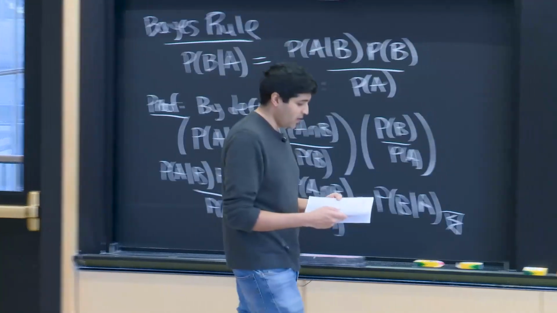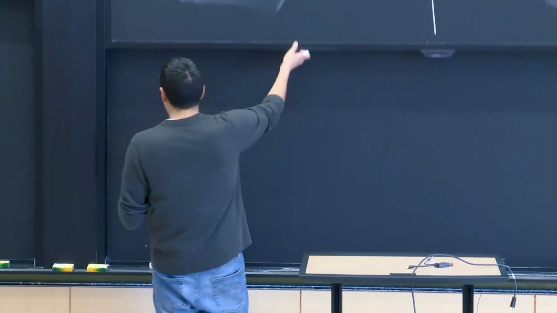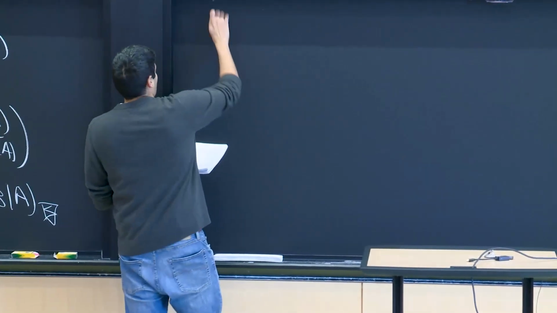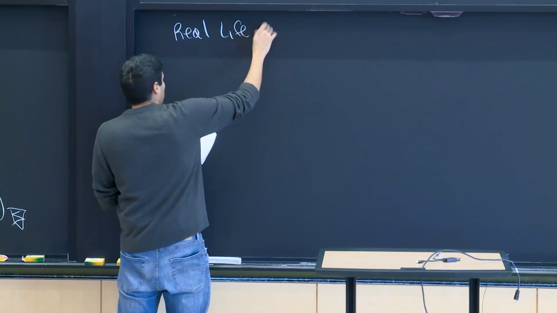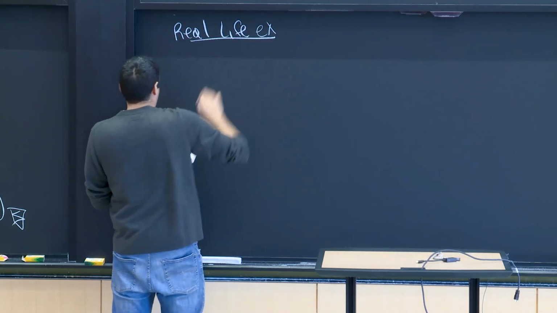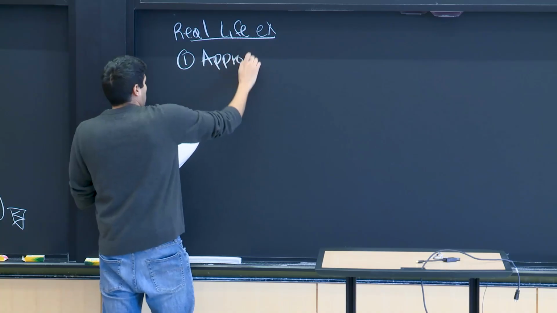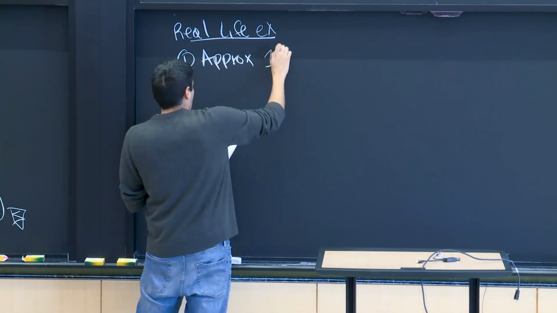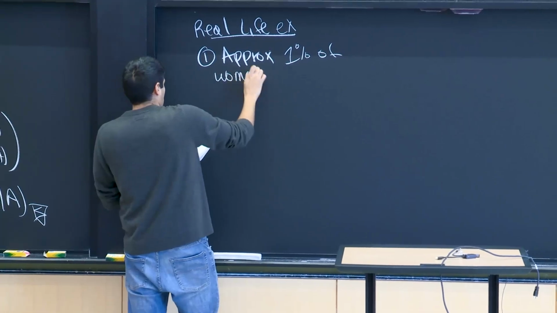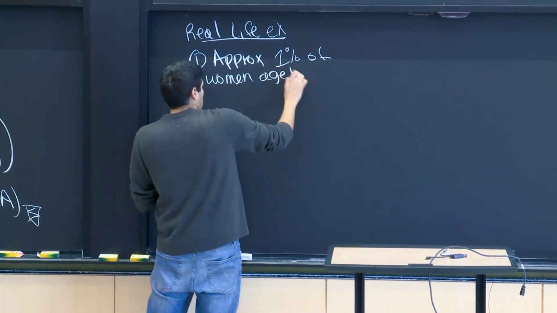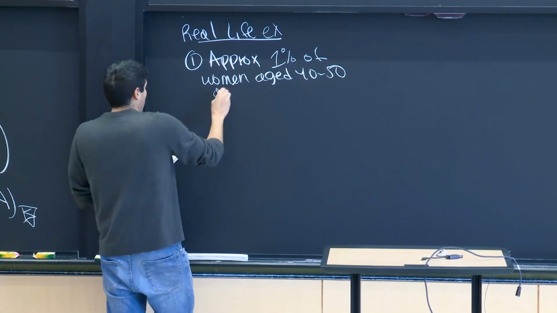So we've got Bayes' rule. Let's do a powerful real-world example. The numbers in this example are all completely real. Okay, so let me tell you some facts. Approximately 1% of women aged 40 to 50 get breast cancer.